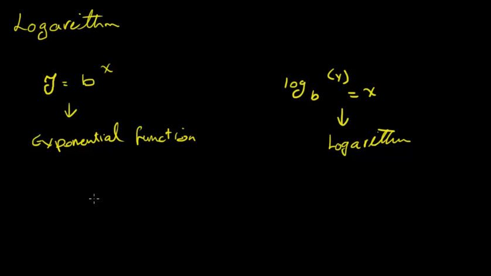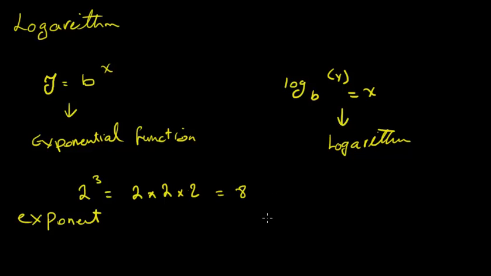Let's say we have an exponent which is 2 to the third power, right? It means 2 times 2 times 2. This is an exponent. In logarithm, we ask how many 2's do we multiply to get 8? 2 times 2 is 4 times 2 is 8, right?